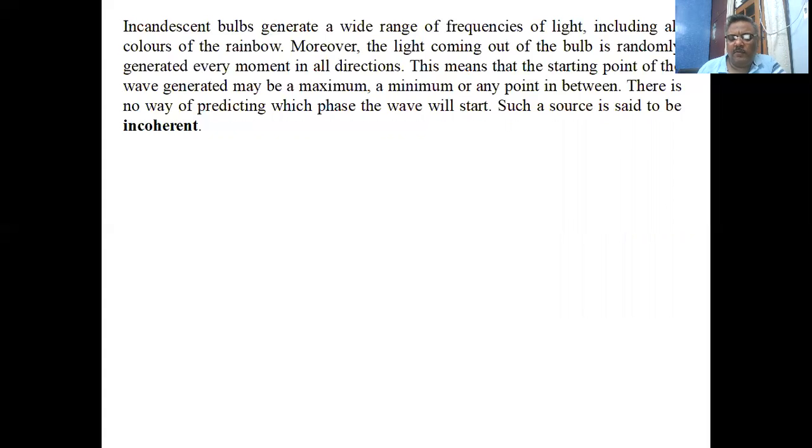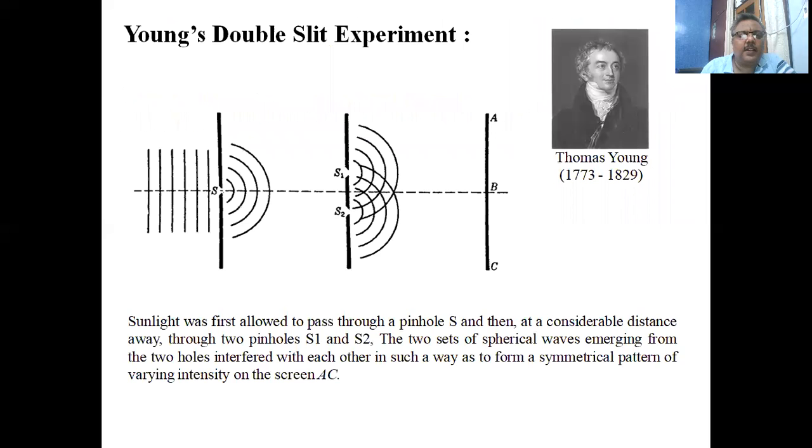So the amplitude varies from a maximum to minimum in a particular direction because the direction is changing. Moreover, it is dependent on many factors, and we don't know where the wave will start, at what position or what phase. So basically, the light coming from a bulb is incoherent, and for incoherent lights we can't get the interference pattern.